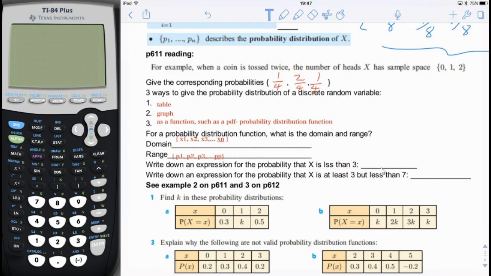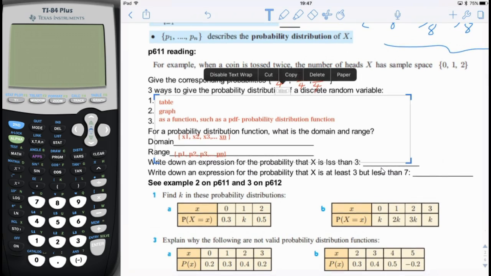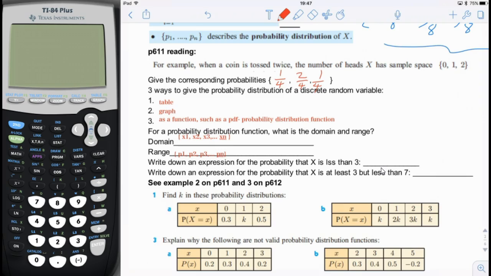So that would be something like the probability that big X is less than 3. Write down an expression for the probability that X is at least 3 but less than 7. Probability that big X is at least 3 but less than 7.